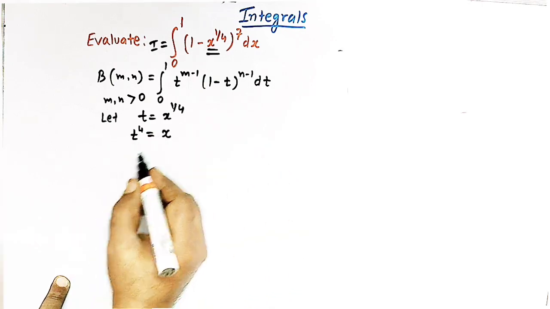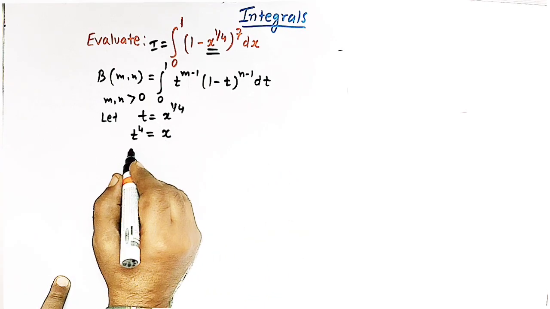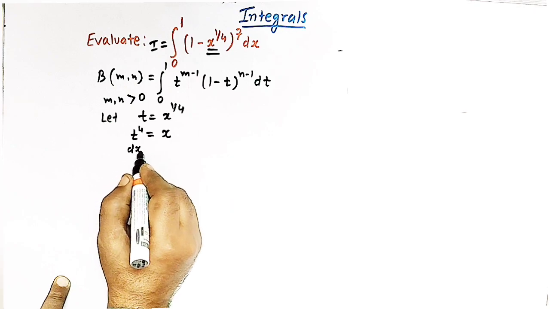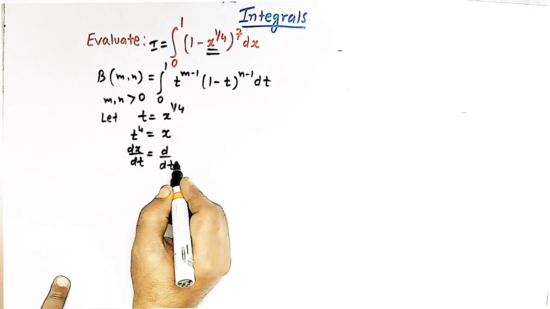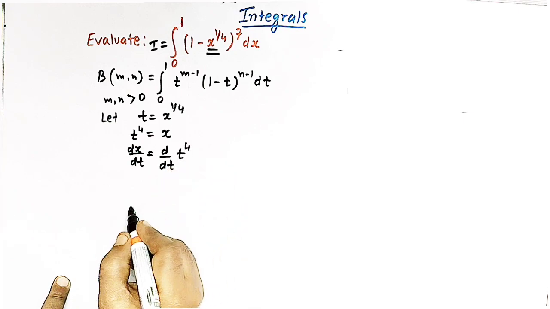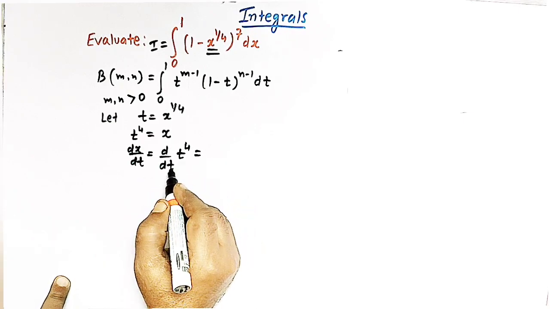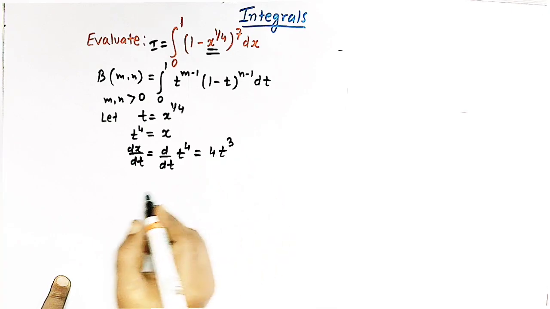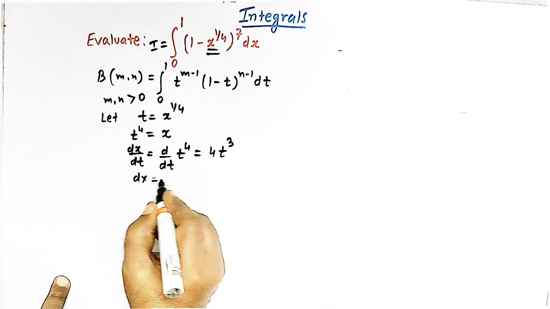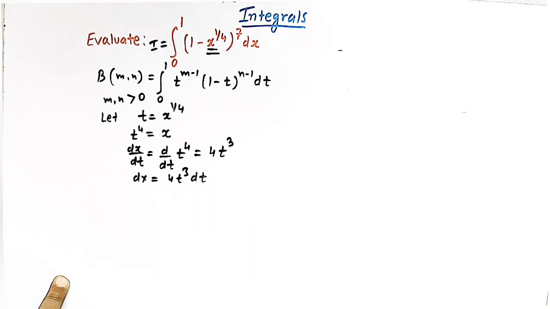Now if we differentiate both sides with respect to t, then dx over dt is given by d by dt of t raised to 4, and the derivative of t raised to 4 with respect to t is 4t cube, and dx is now equal to 4t cube dt.